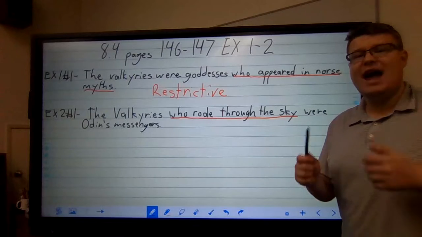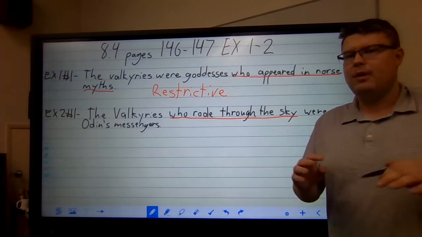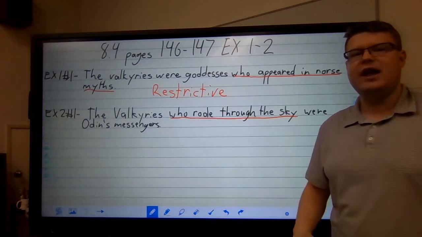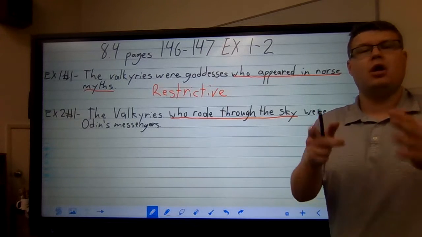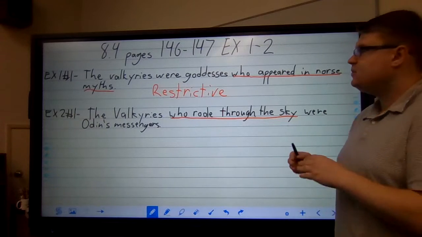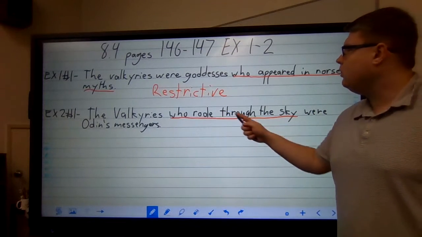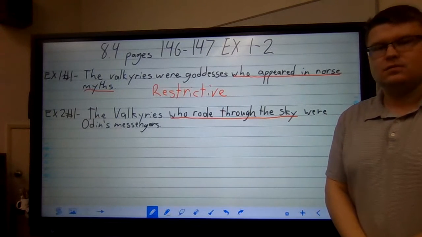Next, we have to decide whether this is a restrictive or a non-restrictive clause. But remember what I told you in the non-restrictive section. In exercise 2, they have removed all the commas from the sentences, which will come into play in the next step of your answer. But first, we need to decide, without using any commas, who rode through the sky? Is that a restrictive or a non-restrictive clause?